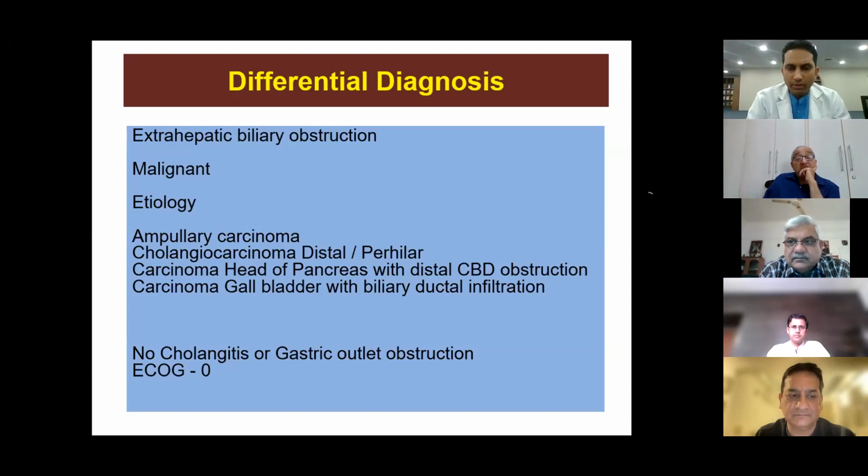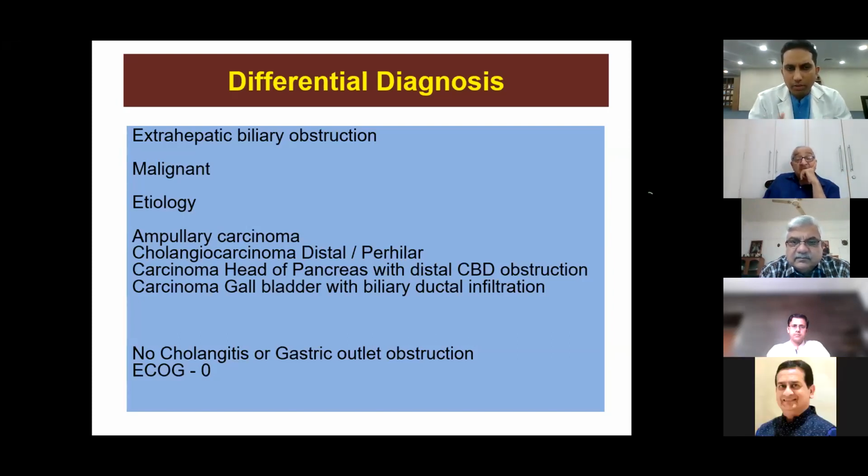Cholangio, I will keep it first, sir. Okay. I would still at this point, because the gallbladder was palpable, put ampullary as second. Okay. So now you can say cholangio where? You have put distal and perihilar. Distal will be first, but if the perihilar is involving the cystic duct or anything, then that also comes into the differential diagnosis, sir. Distal will be the first differential.